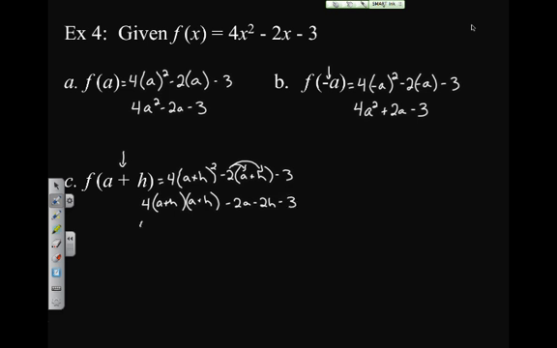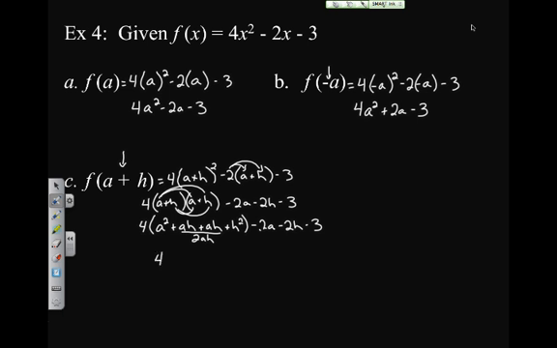So we still have 4 times, and this is a squared plus ah plus ah again plus h squared. The rest of this doesn't change. And then we just distribute. Let's think about this. This is 2 times ah. We've got 2 of them there. So now let's distribute.